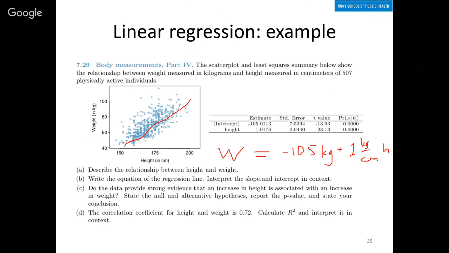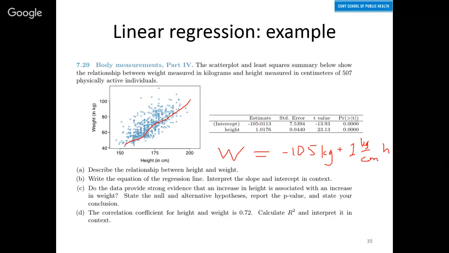And why is the height 1 instead of 0 there? Because the estimate is 1.0176, that's the estimate of the slope. Well, the y-intercept is at 0 on the x-axis, right?